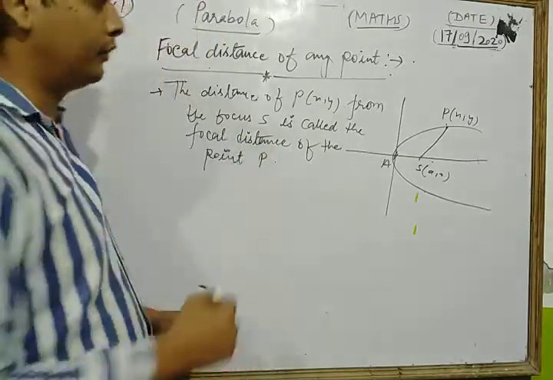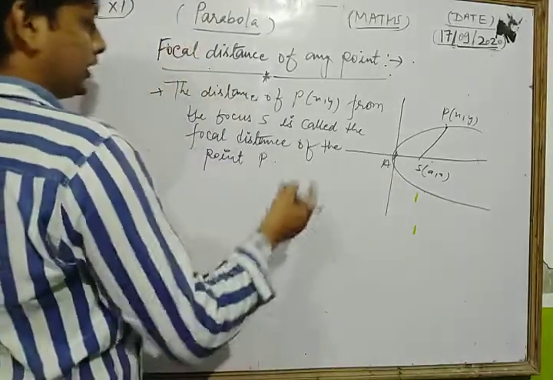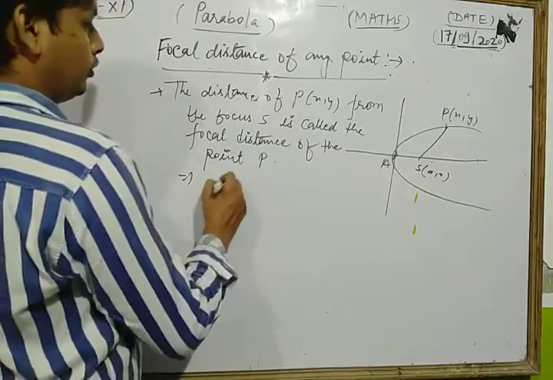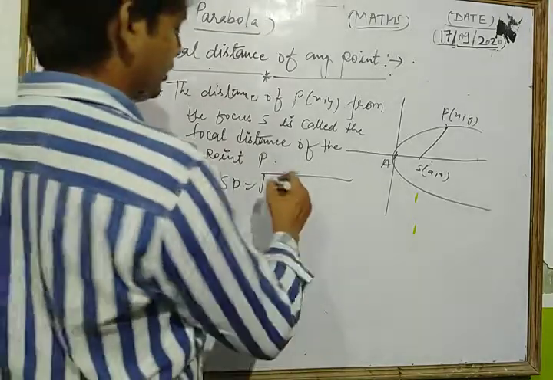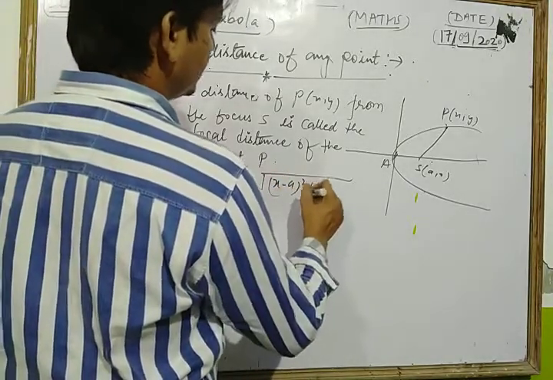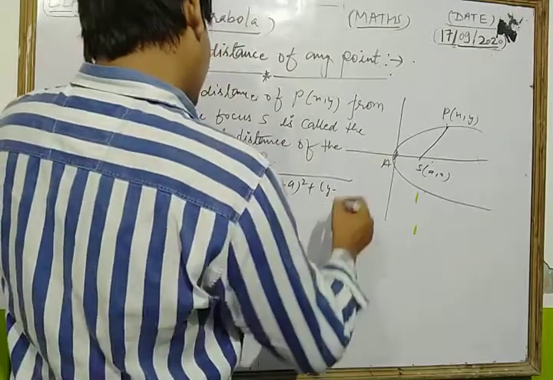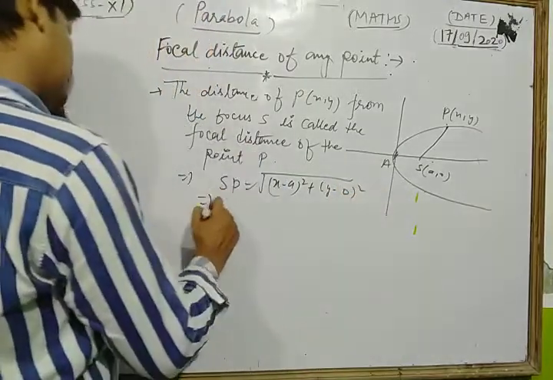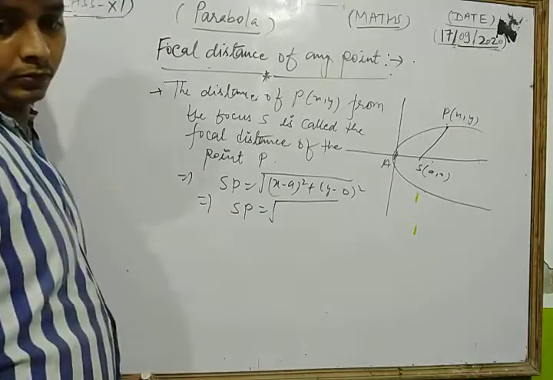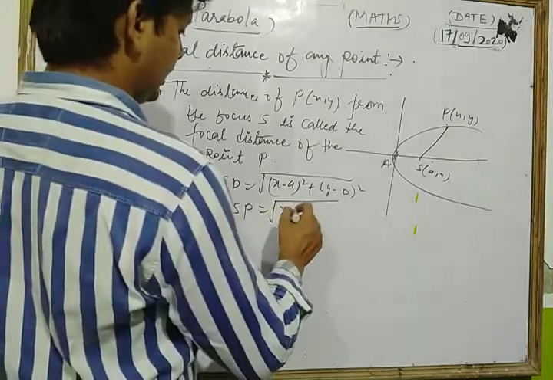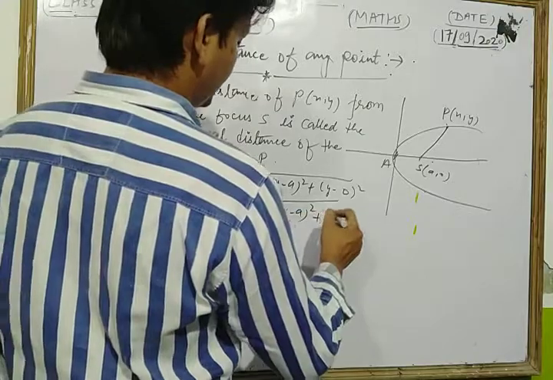Now dear student, we find the focal distance. The value SP is the square root of (x minus a) whole square plus (y minus 0) whole square. So we get SP is equal to the square root of (x minus a) whole square plus y square.